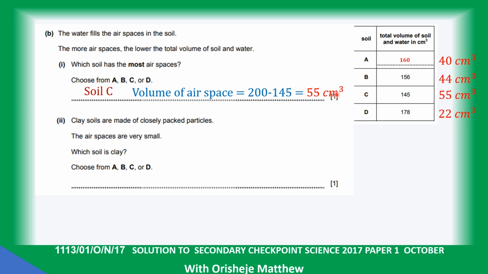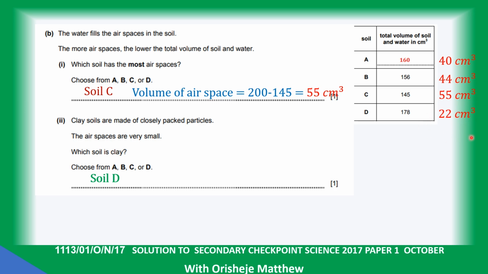Clay soil is made of closely packed particles. The air spaces are very small. Which soil is clay? That is the one that has the least air space. Soil D. From our diagram, it has 22 cm cube.